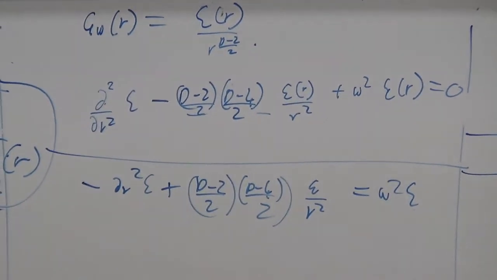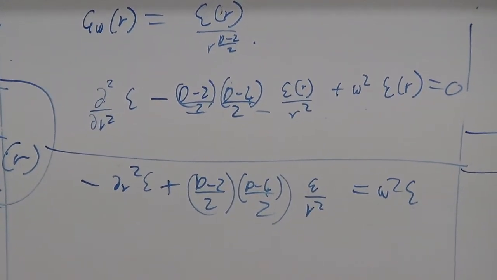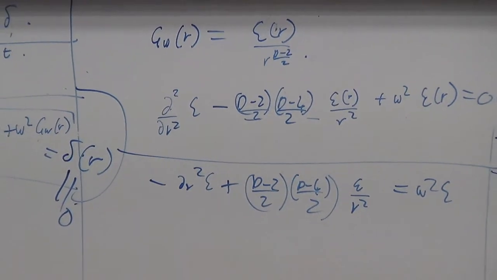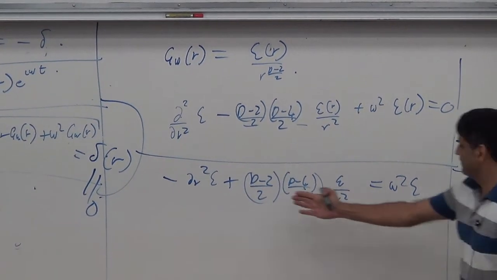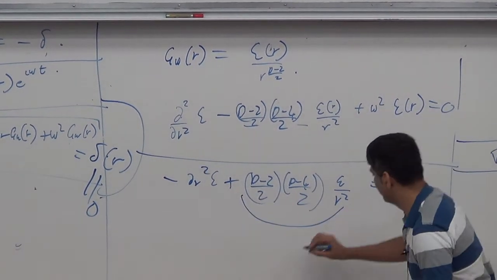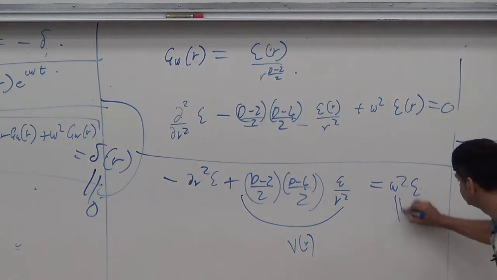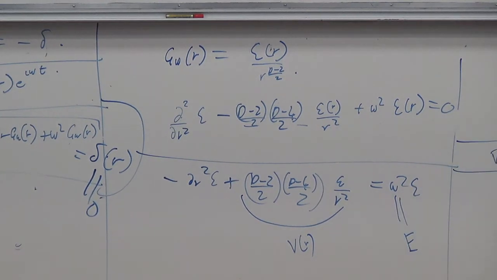And now this is exactly the Schrodinger equation for a particle of mass 2 moving in a potential V of r, with energy omega squared. That's nice. Once we've got a Schrodinger equation, we can draw a picture.